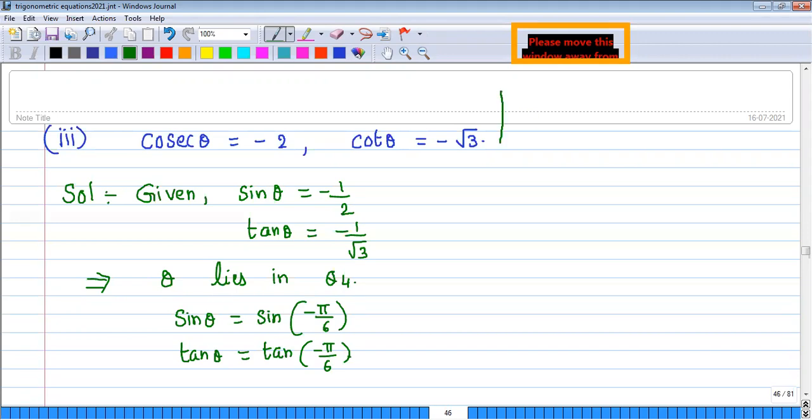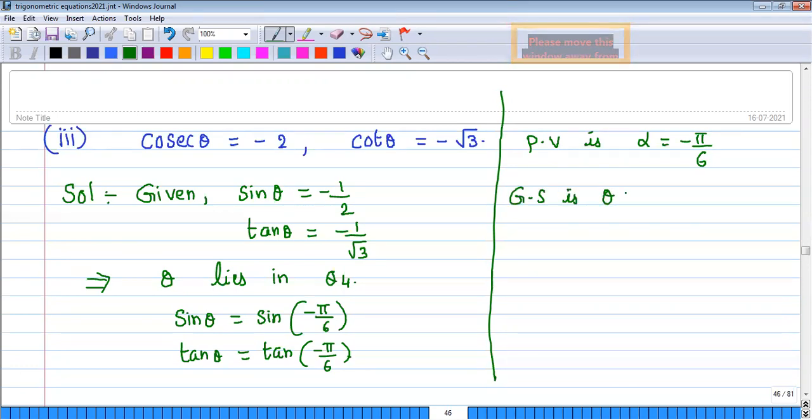So now the principal value is alpha equal to minus pi by 6. General solution is theta equal to 2n pi plus alpha, that is 2n pi minus pi by 6. N belongs to Z.